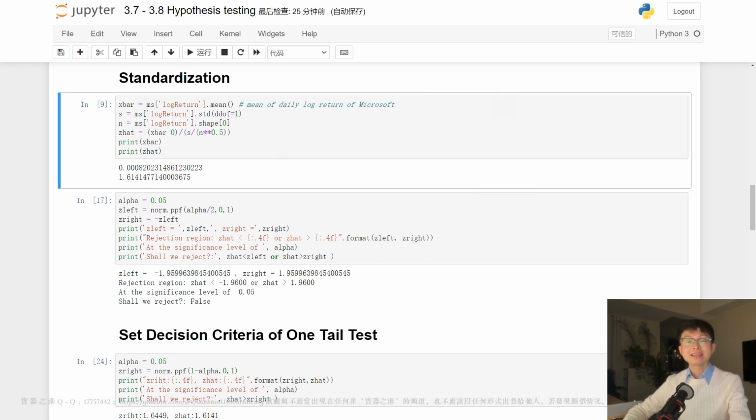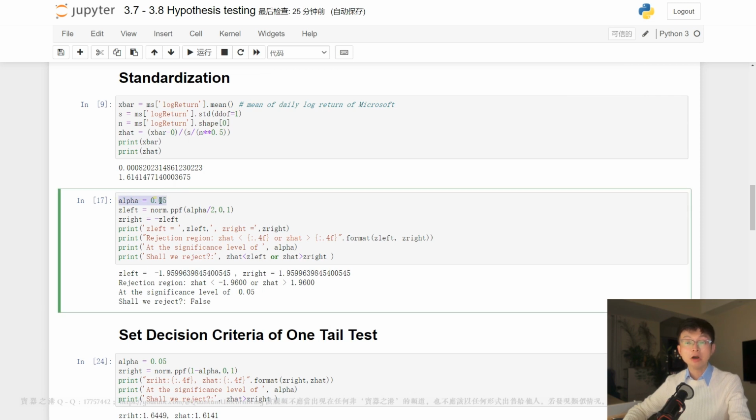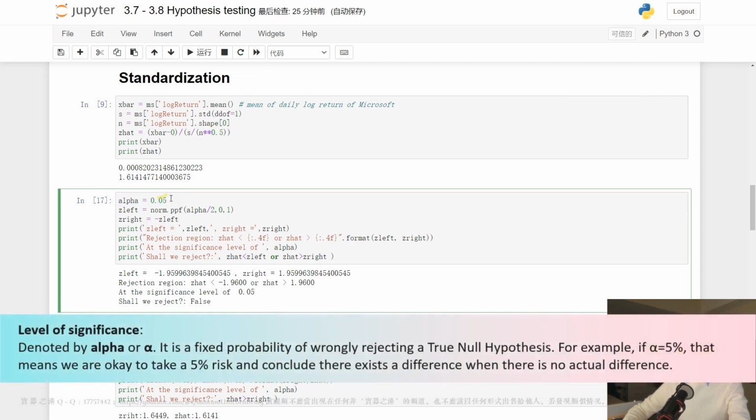To find the significance level, we first fix a level of significance, alpha, which is typically 5%. Then we find the rejection regions in the distribution of the test statistic corresponding to that level of significance.